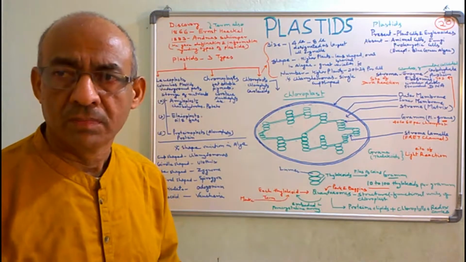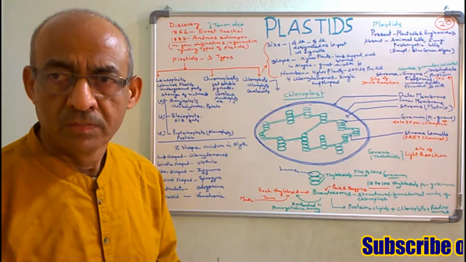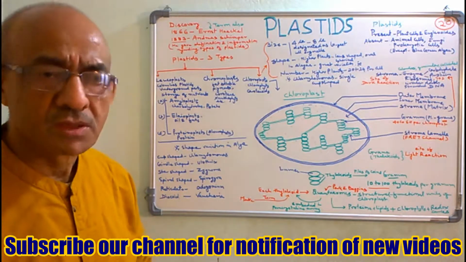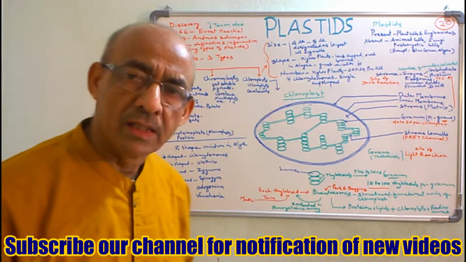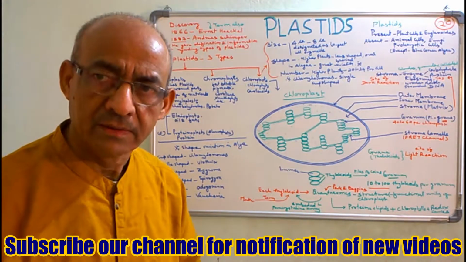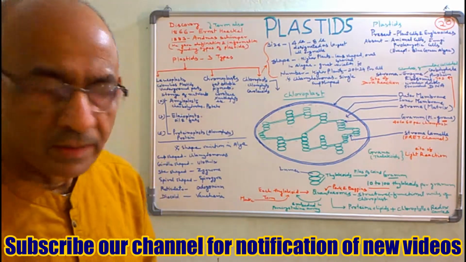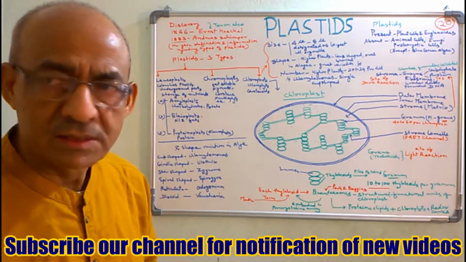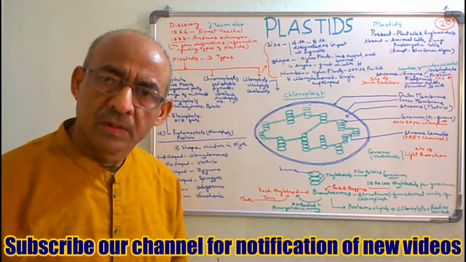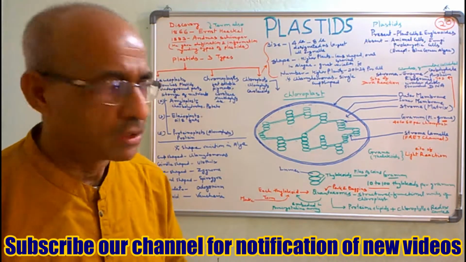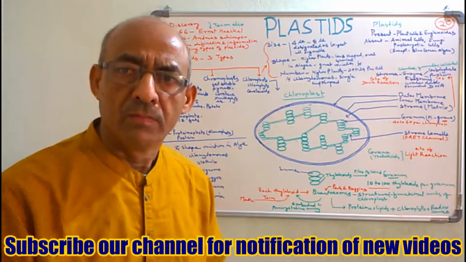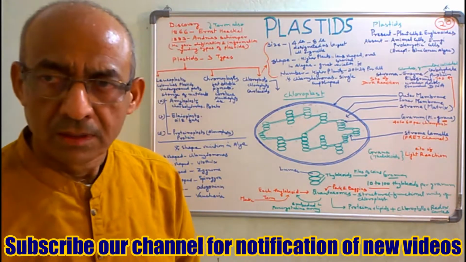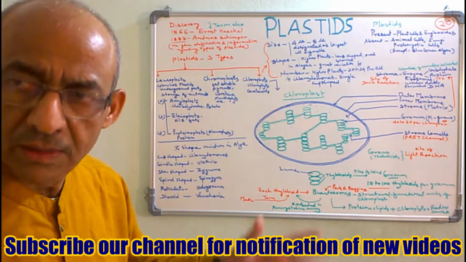But later on, after maturing, those foldings or projections of the thylakoids get freed, get detached. Detachment of those immature thylakoids takes place, and all the thylakoids come into the ground of the matrix. We will discuss just now what the thylakoids are.